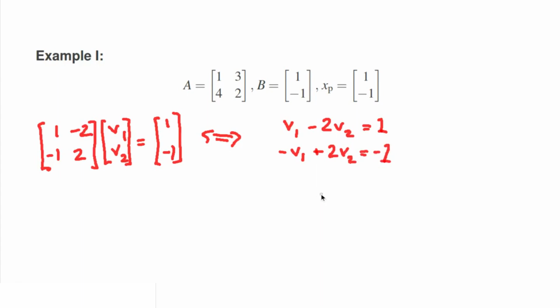Well, yes, we can. And in fact, we can even spot the solution straight away. We just say v1 is equal to 1 and v2 is equal to 0. And now, if we just check that quickly, the first equation reads 1 minus 0 is equal to 1. And the second, minus 1 plus 0 is equal to minus 1. So we have a solution, and therefore the point xp is reachable.